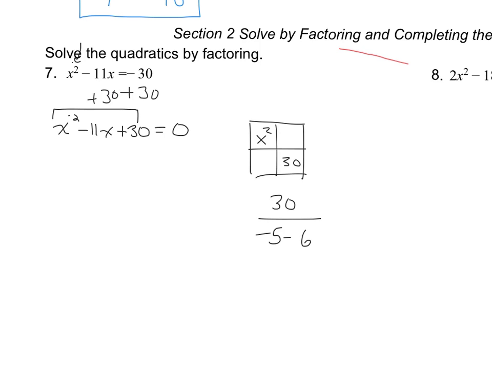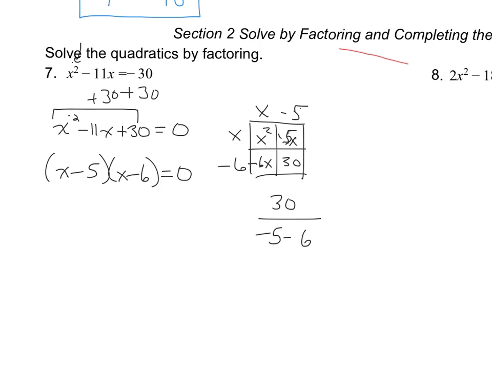So I'll put minus 5x here, minus 6x here. And then I'll just take some GCFs, an x there, negative 6 here, an x for the first row there, and then negative 5, because remember we always take the negative out if the first term is negative, which this one is. So this factors as x minus 5, x minus 6 equals 0.